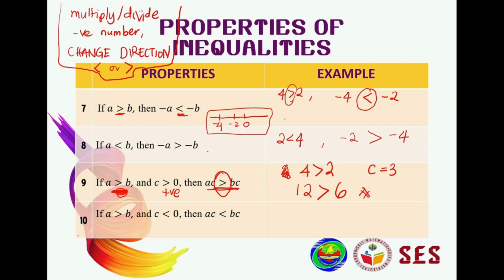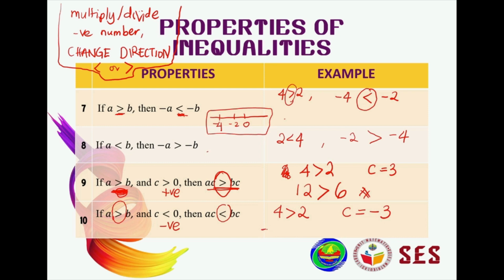Okay, so let's see property number 10. If I have A greater than B and C is a negative number, because C is less than 0, remember our previous slide if you forget. Let's see the direction here and here. Because C is a negative number, the direction has changed. Okay, so let's say I have 4 greater than 2, and C now is negative 3.